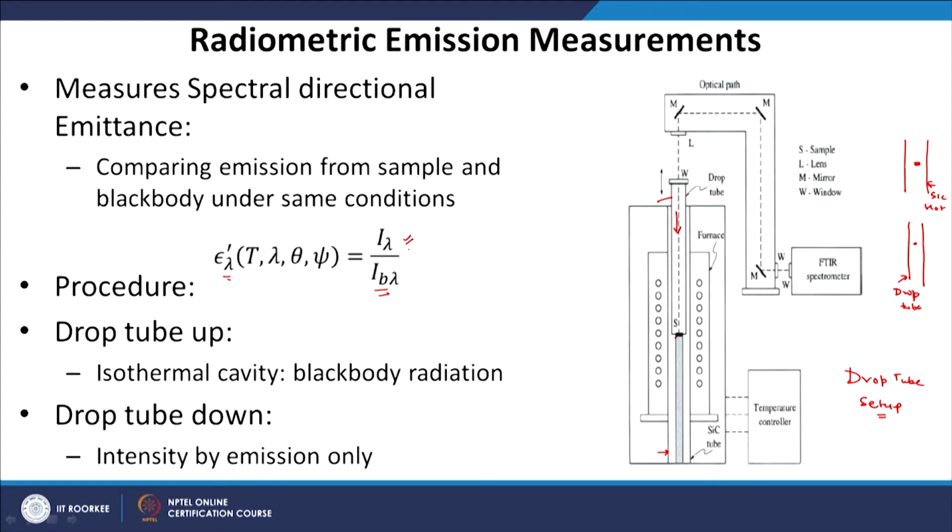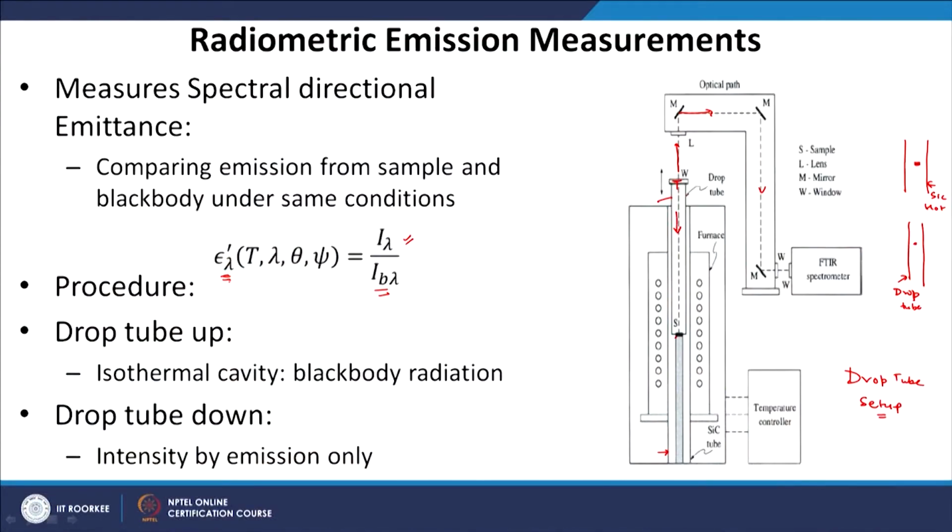And how is the radiation measured by the detector? The radiation comes out of the tube, there is a window here, and the radiation travels through mirrors and is passed to the FTIR. FTIR is a special type of detector which makes continuous measurements over a range of wavelengths.